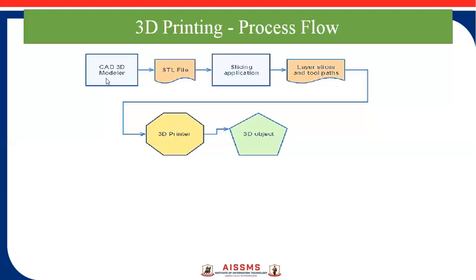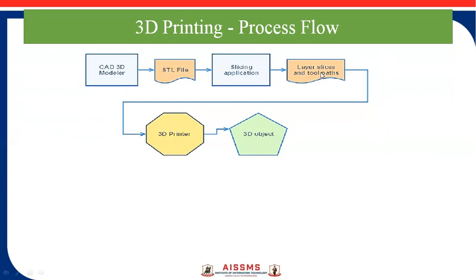So first we have to prepare a CAD model in the CAD software, computer aided design software, as per the concept. Then we have to prepare the STL file, that is the stereolithographic file. Then we do slicing applications, layer by layer. Then we have to set up the material and the design as per the requirement of the drawing.